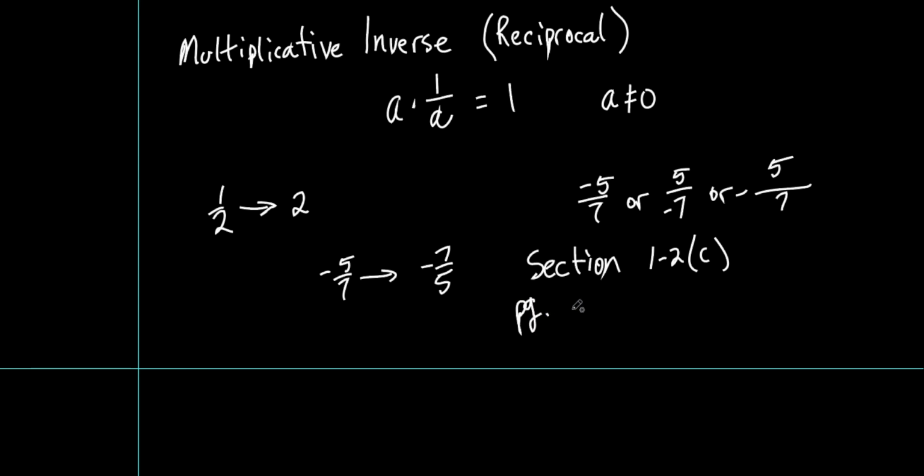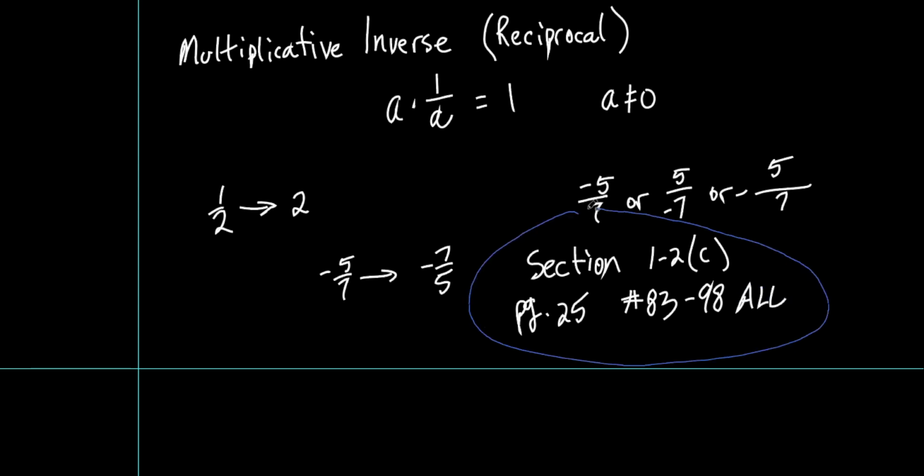So it's page 25, and it's 83 to 98. You're doing them all because they're pretty simple. It's only 16 problems, that's not much at all. So that's your homework. Now we're going to go over 1-2B. Megan, you can go.